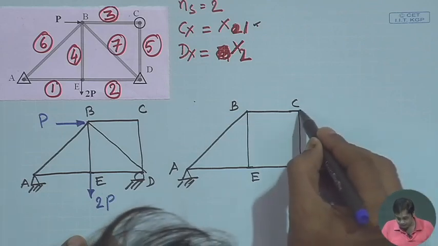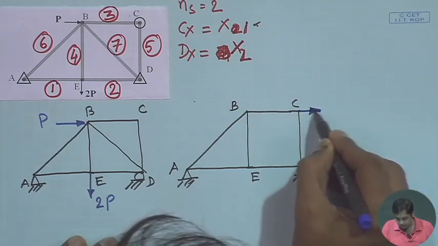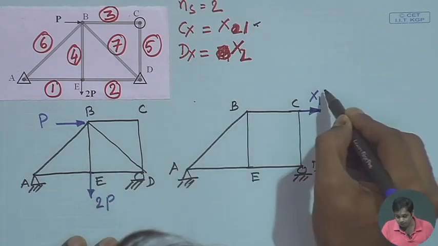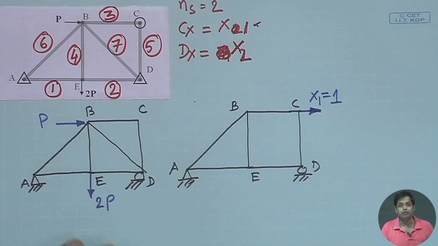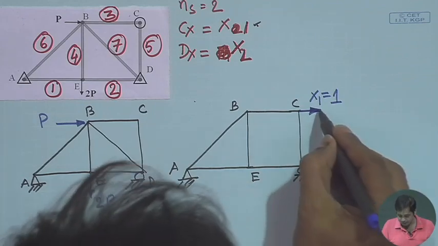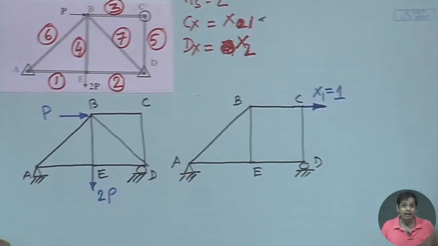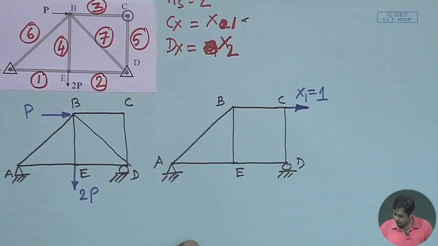So, it is subjected to X1, but if you remember the previous example, we apply X1 equal to 1, a unit load in this direction. So, this is the second structure.